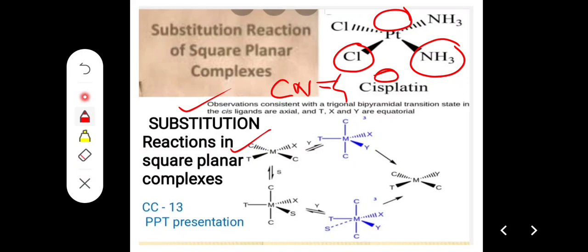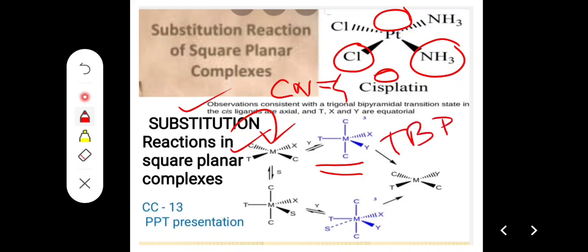We have to place all the configurations such that both C's will be trans. There will be lots of geometrical changes, but one thing will be fixed: the C's will be trans. When the incoming group attacks from above or below the plane, we get this type of configuration. This is called trigonal bipyramidal structure, TBP shape.